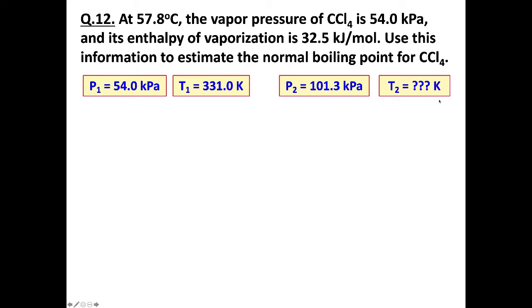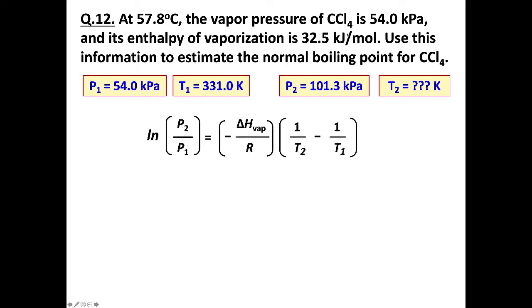That's what we want, the normal boiling point. And the normal boiling point corresponds to a vapor pressure equal to atmospheric pressure, 1 atm if we're at sea level. So we want to find T2. We know P1, T1, P2, and we know delta H of vaporization. So in this equation, we know everything except for T2.